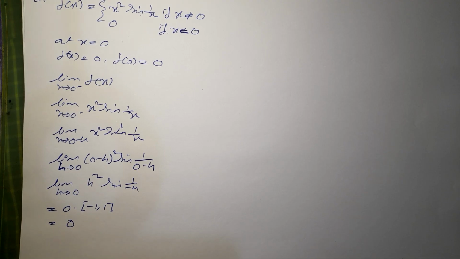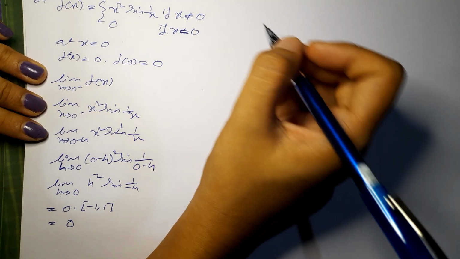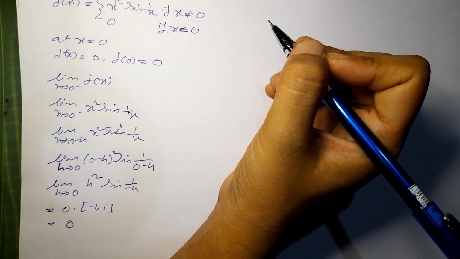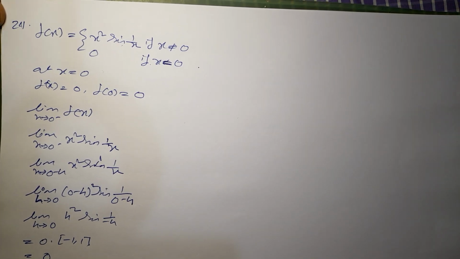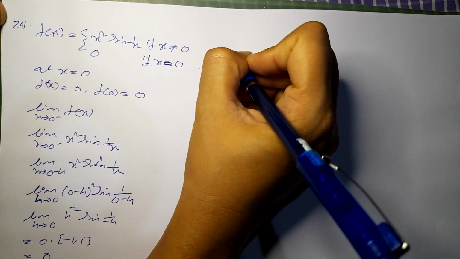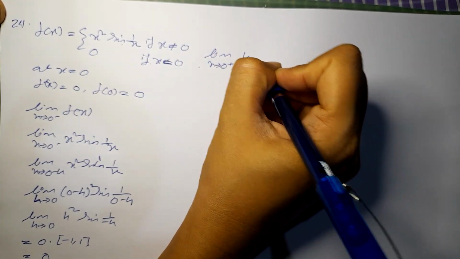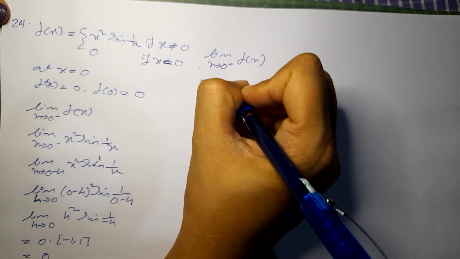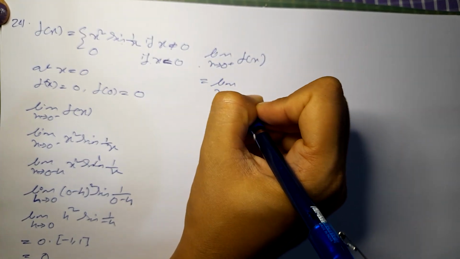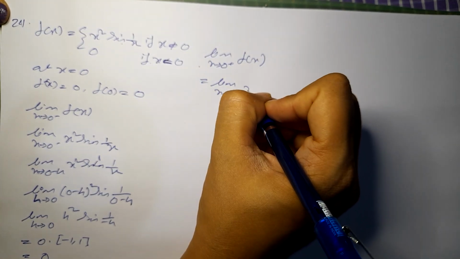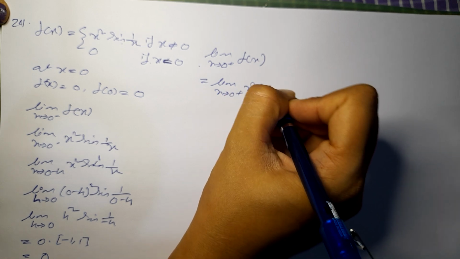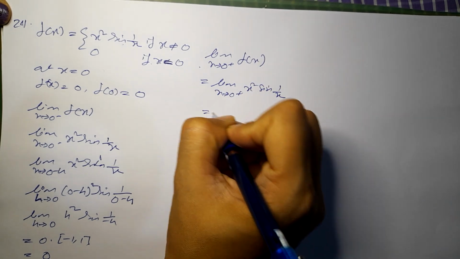So now for the right hand limit, limit x tends to 0 plus f of x is equal to limit x tends to 0 plus of x square sine 1 by x.